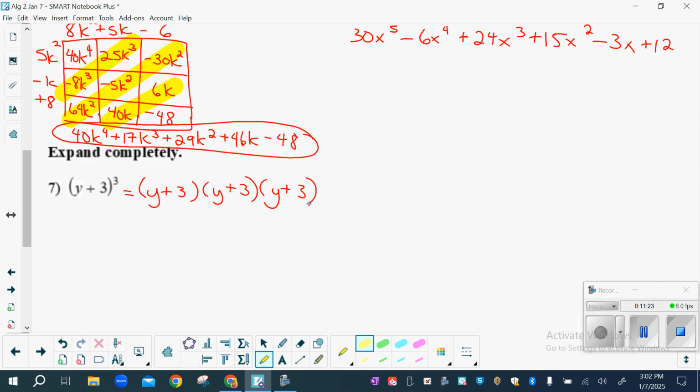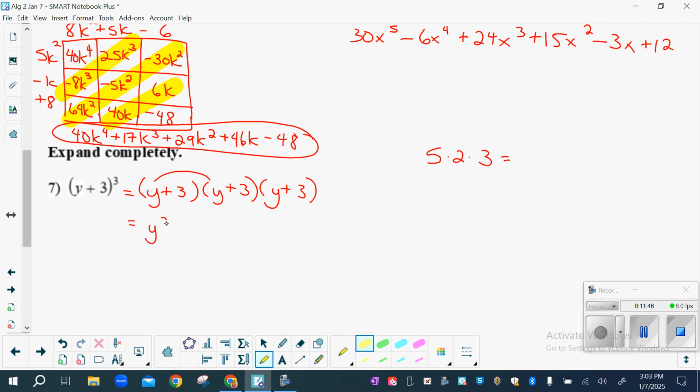If we had, say, 5 times 2 times 3, we would just take the first 2, get 10 times 3. So we want to find the product of the first 2. So we're going to do FOIL.